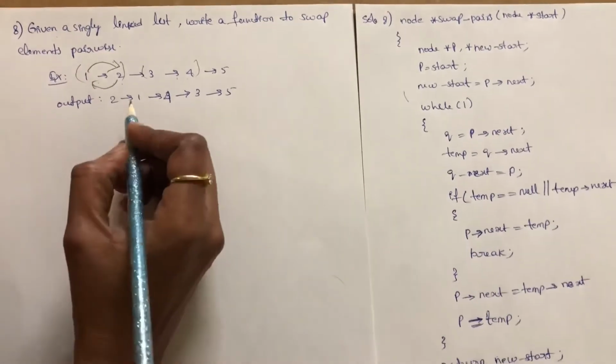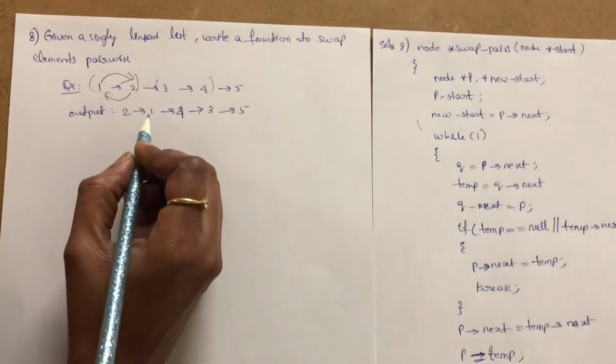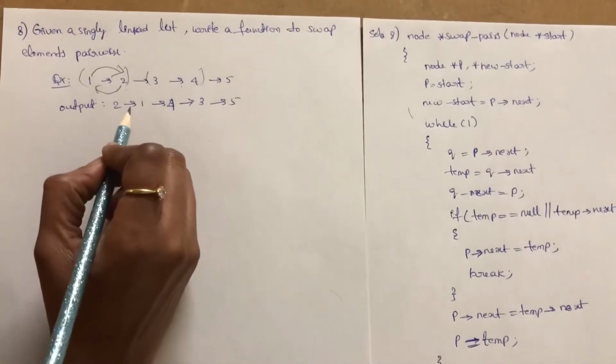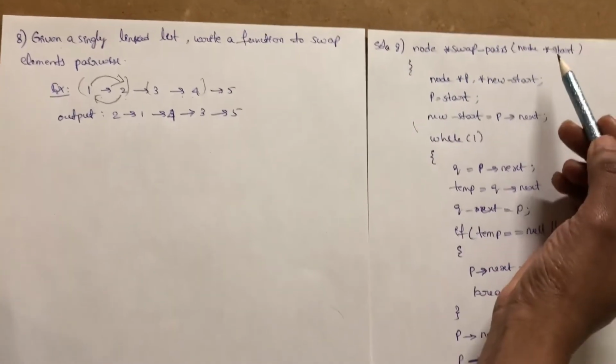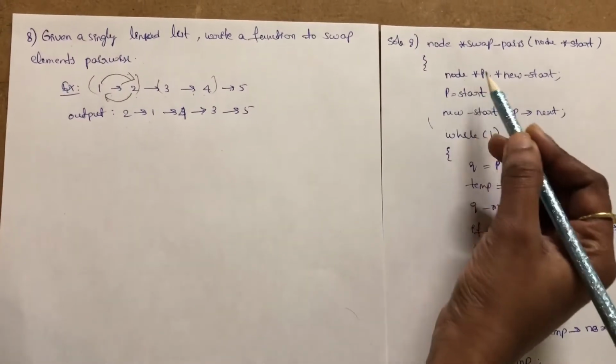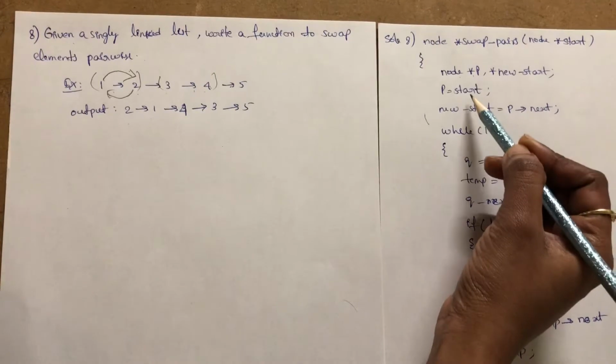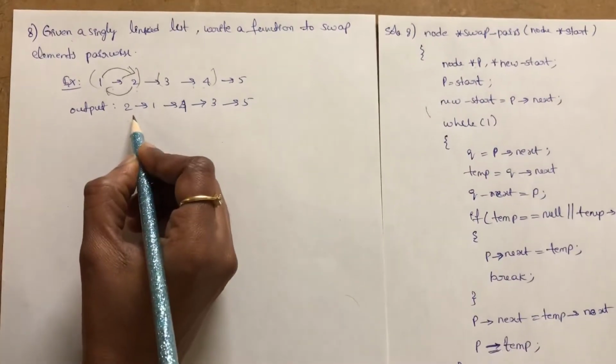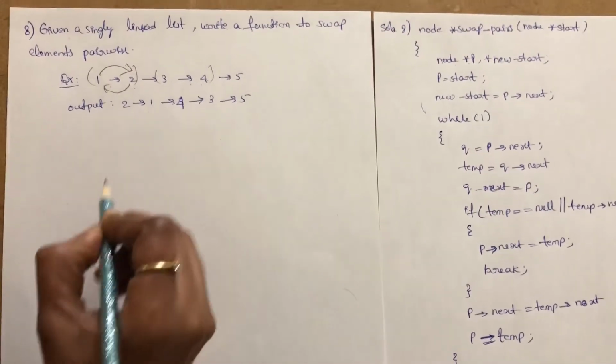Here, what we are doing is, first we take the starting point as a parameter, and we take p and new start as variables, and we first initialize p equal to start.